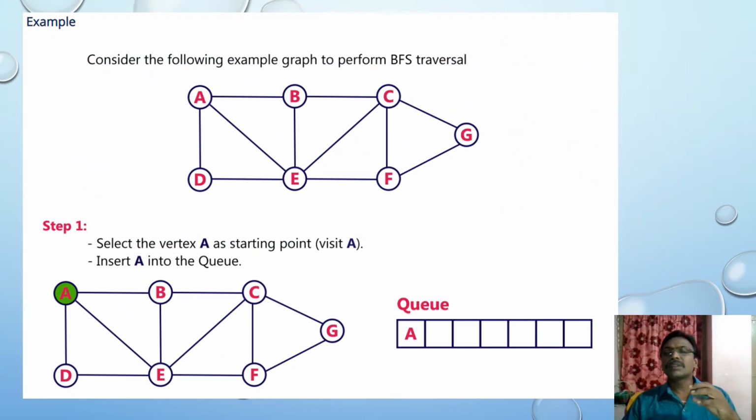Now an example; it means the same example I am choosing. At present, I am choosing a graph with 7 vertices. In that, I first choose the starting vertex, A. So mark A as visited and insert it into the queue.